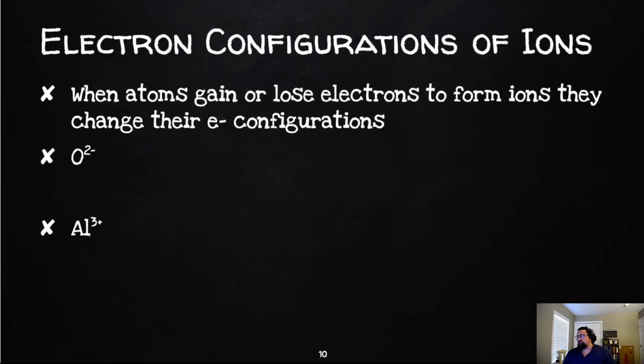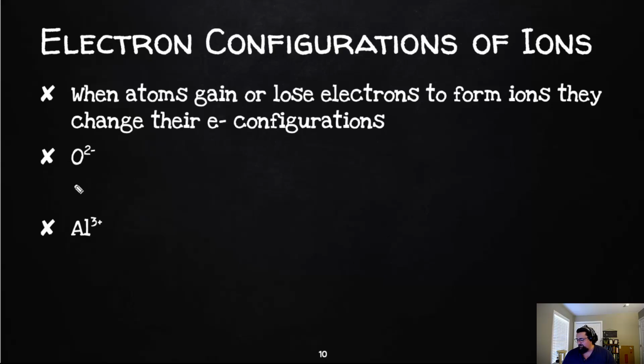And so the last thing that we're going to talk about is that when atoms gain or lose these electrons, their electron configurations are also going to change. So when we look at something like oxygen here, which has 8 electrons, and we go to do our electron configuration, well, when it has a -2 charge, it's now gained 2.